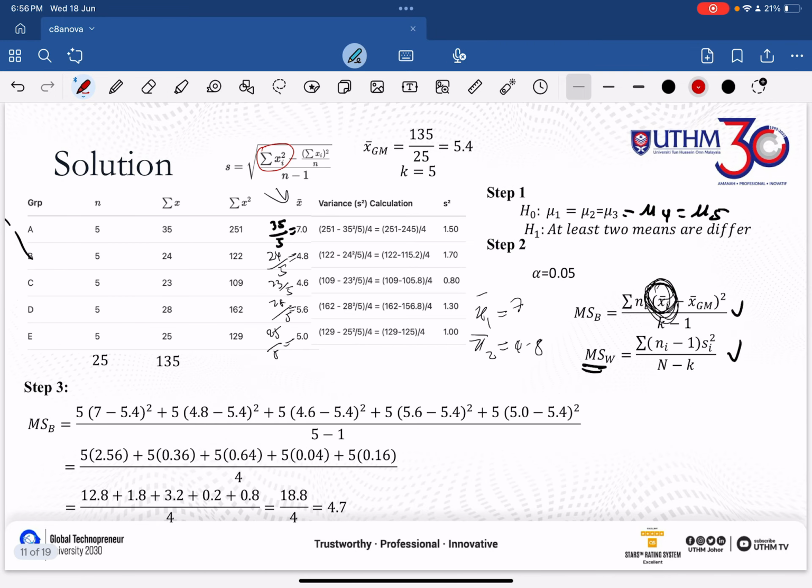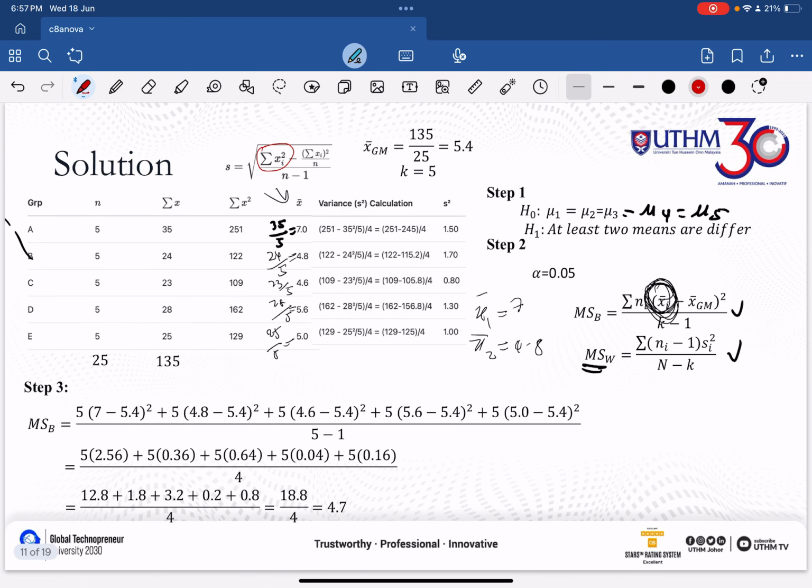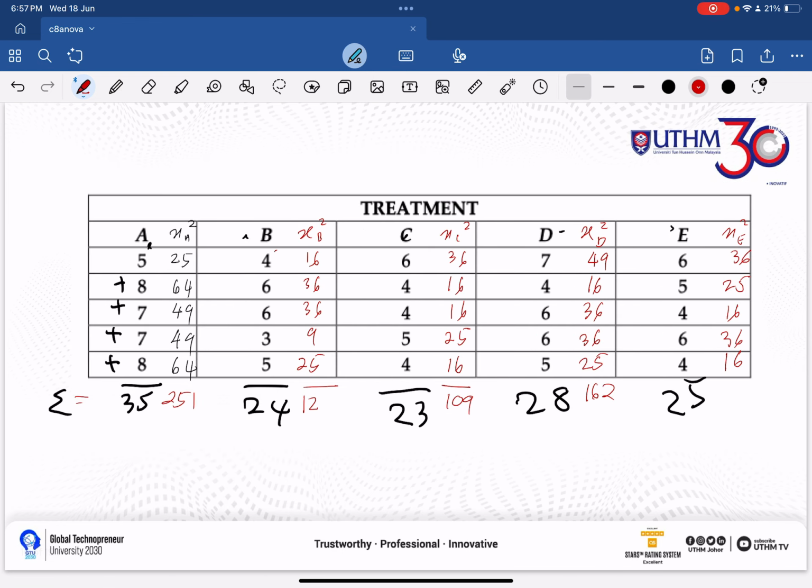So the total would be 162. And then the last one is 6 squared. So let's say this is the last group: 36, 25, 16, 6 squared is 36, 16. So the summation is 129.